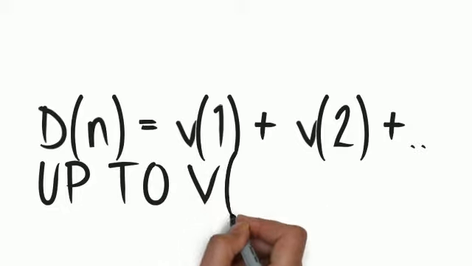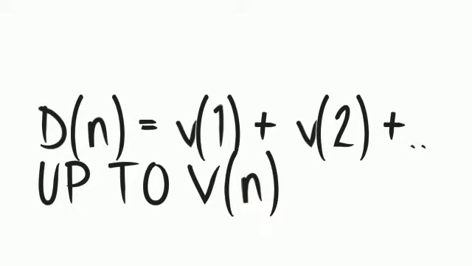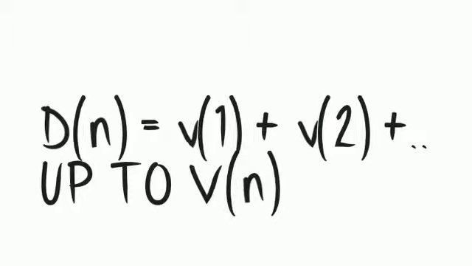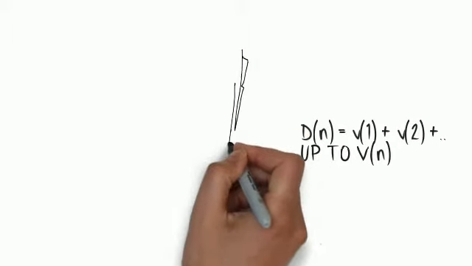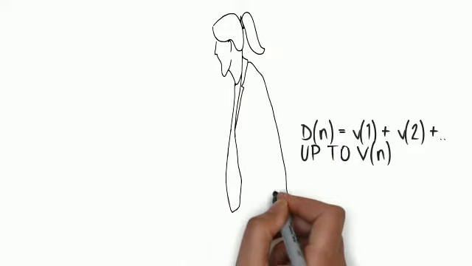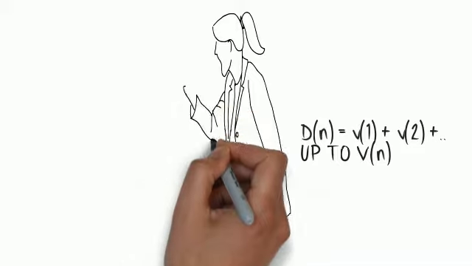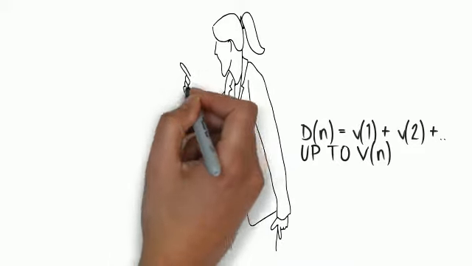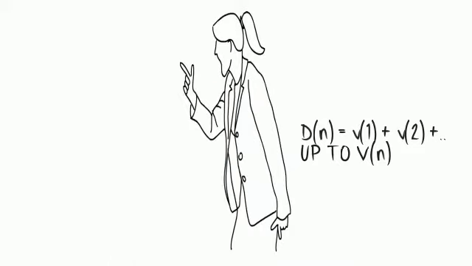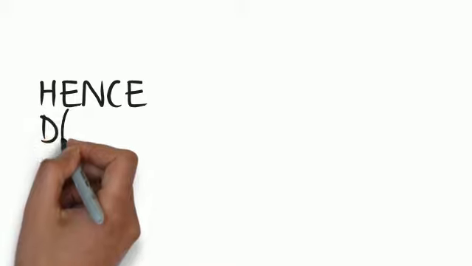D of n is the present value of n payments that are going to be made one at a time over the next n years. So, if we want to find the present value of any series of payments, we just multiply by D of n. So $100 over n years is $100 times D of n.